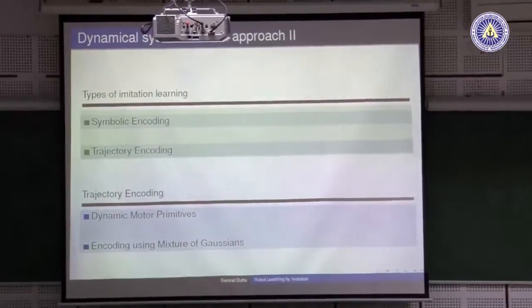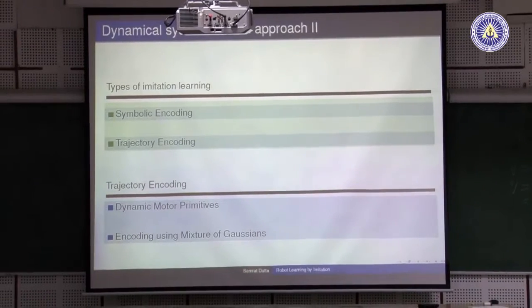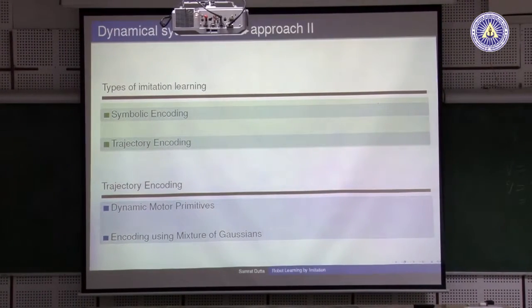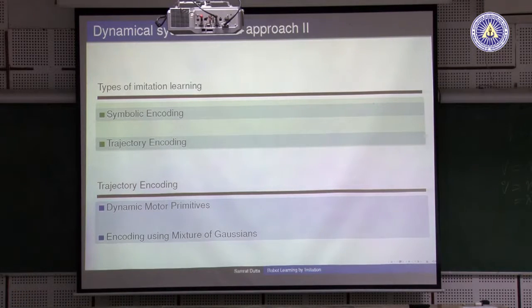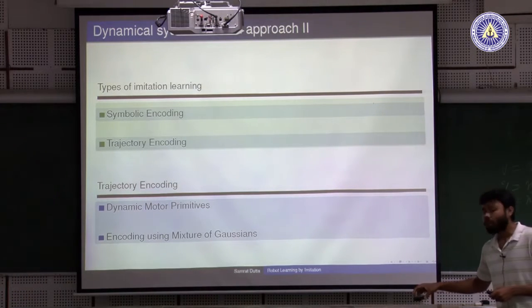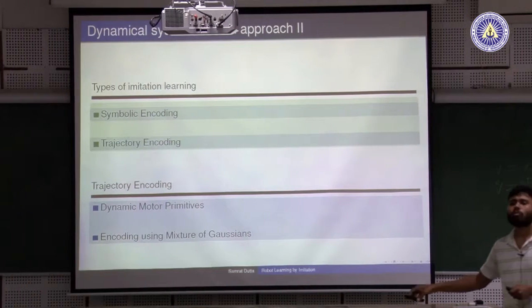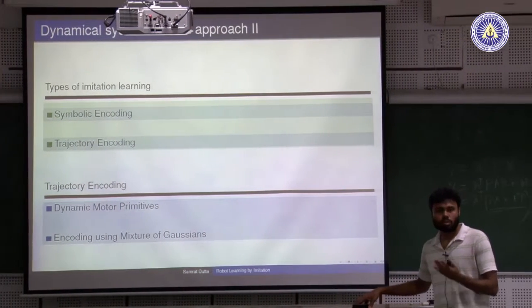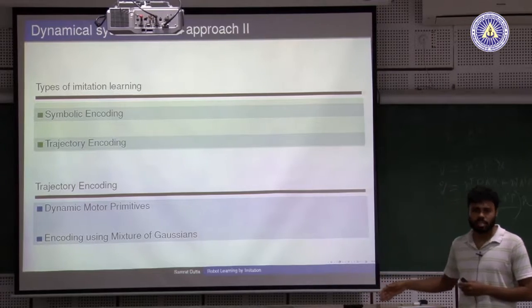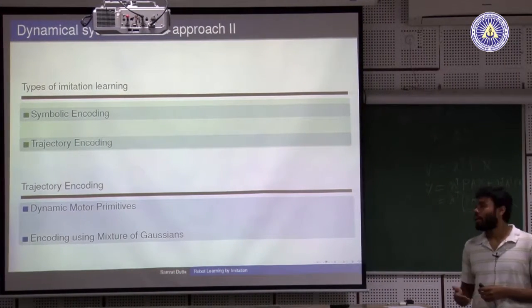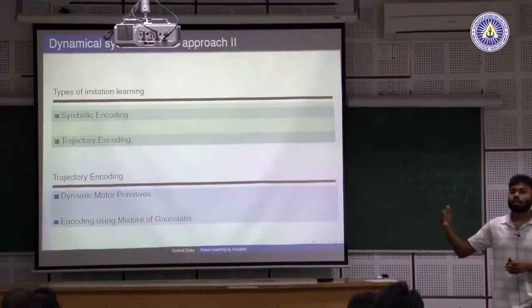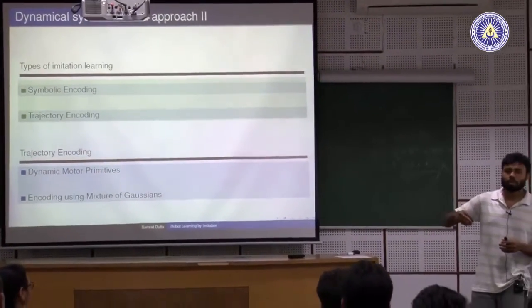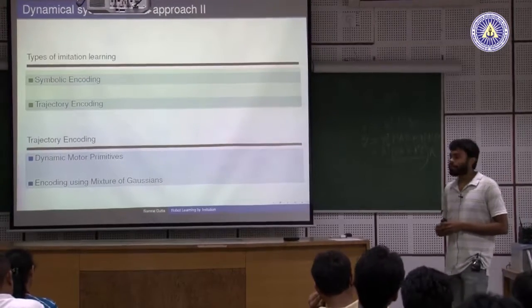In imitation learning, approaches can be of two types. One is symbolic encoding, which is about what task we are performing, and the robot is expected to reproduce that task. The other is trajectory encoding, where the robot learns the trajectory. So the task is not that important, rather the trajectory is.